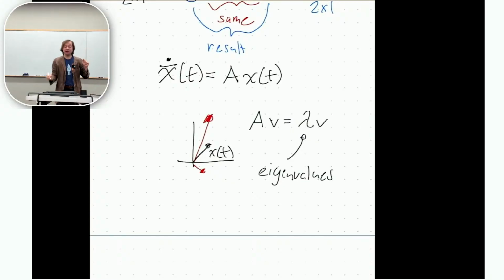If I take the eigenvalues of A, it will tell me if my spring mass damper will come to rest or explode and get bigger and bigger and bigger. It will tell me that. That's what we call stability analysis. Okay?